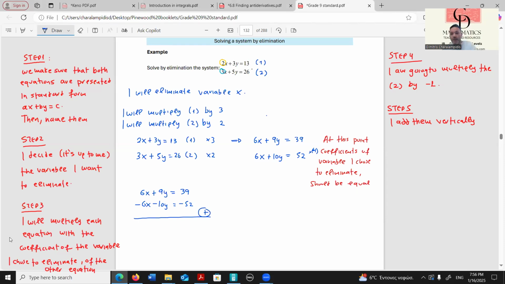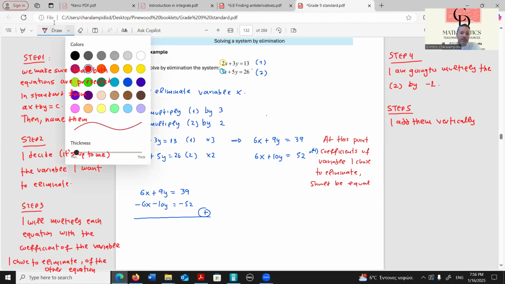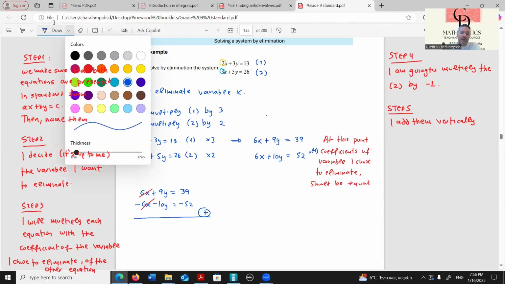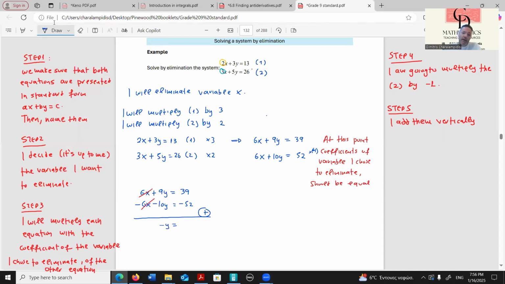By adding them, now you should be able to see why we called it the elimination method. 6x plus minus 6x, these two cancel out, or else are eliminated. 9y minus 10y should be minus y, and 39 minus 52 should be -13. So negative y is -13, which similarly means that y should be 13. And this is the value of one of the unknowns.